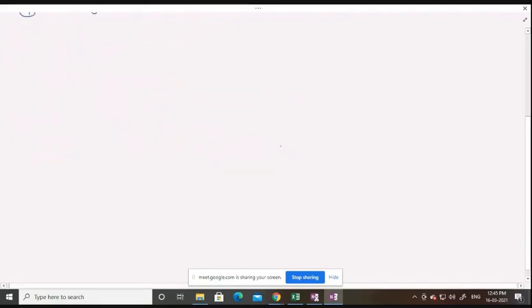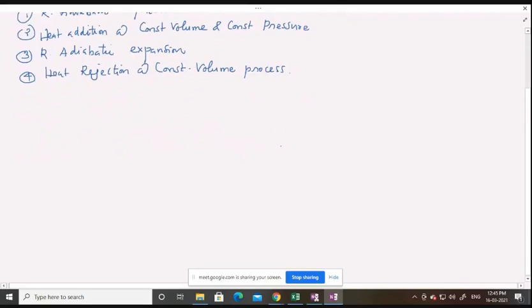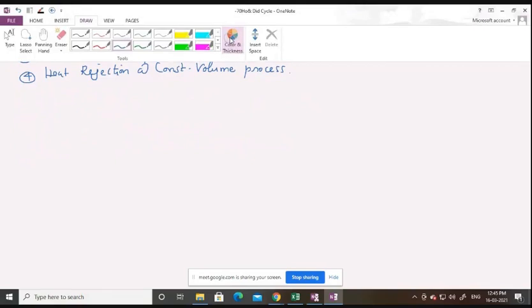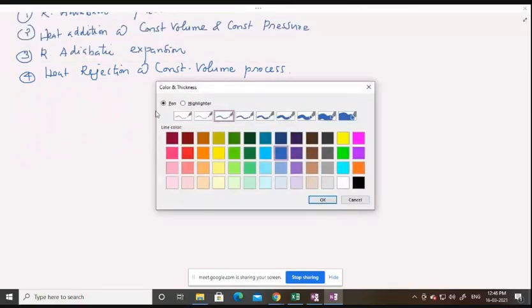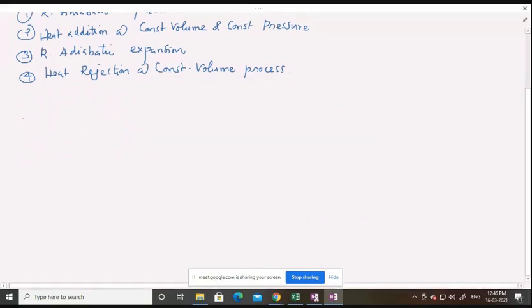So let's see how to plot the PV and TS diagrams for this dual cycle. First we plot the PV diagram.